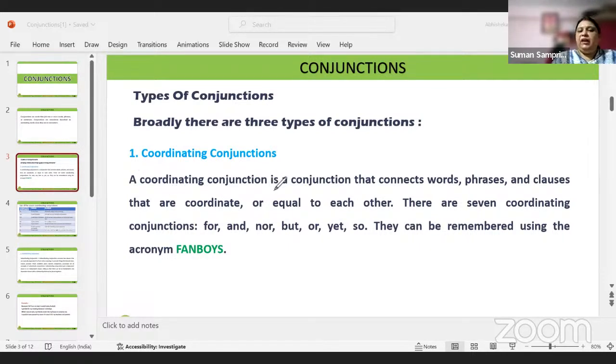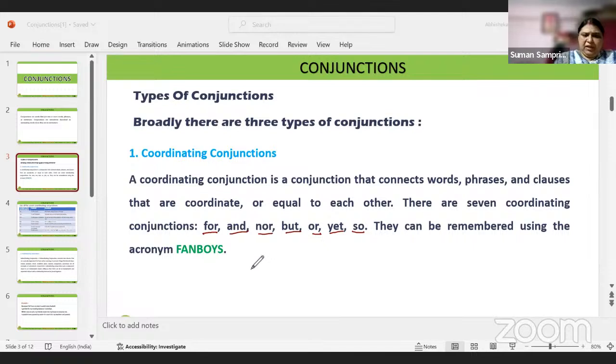So a coordinating conjunction is a conjunction that connects words, phrases and clauses that are coordinate or equal to each other. Both parts will be important. You cannot write the sentence when these conjunctions are used unless the sentence has both of its parts.